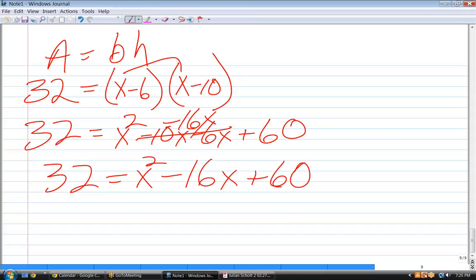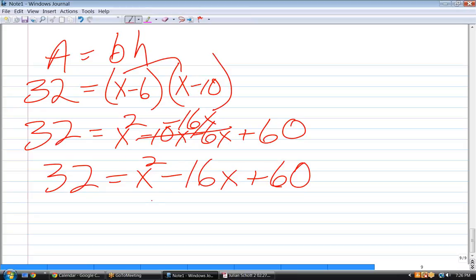When you have a quadratic that you want to solve, almost always, unless it's a difference of perfect squares, you set one side equal to 0 and everything else on the other side, which you then factor. The reason is that you can solve it if two things are equal to 0.